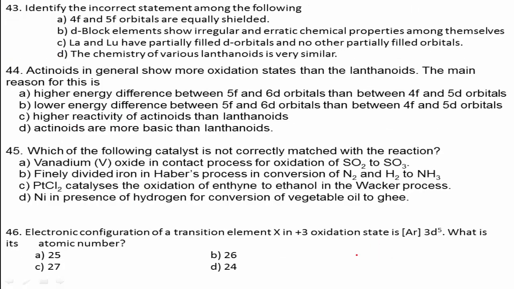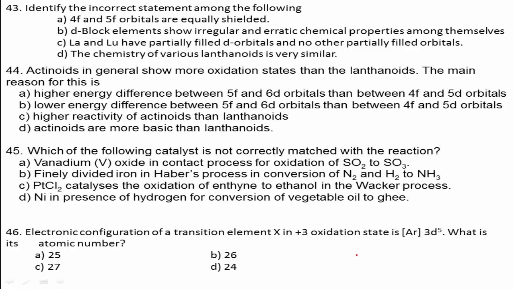Next, question number 43. Identify the incorrect statement among the following. Option A, 4f and 5f orbitals are equally shielded. Option B, d block elements show irregular and erratic chemical properties among themselves.